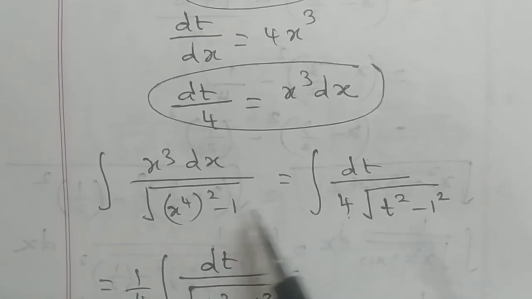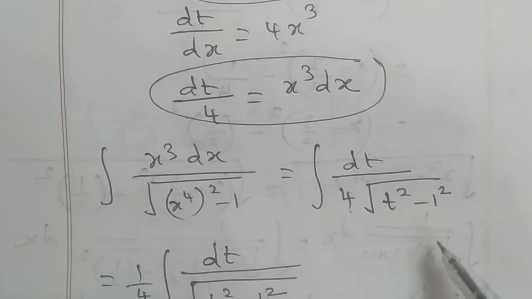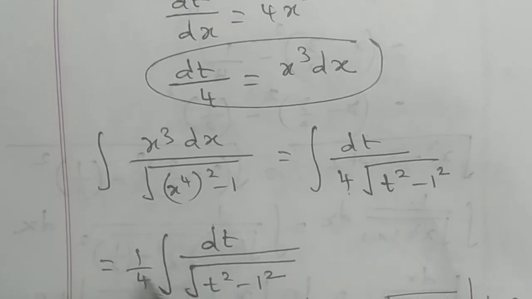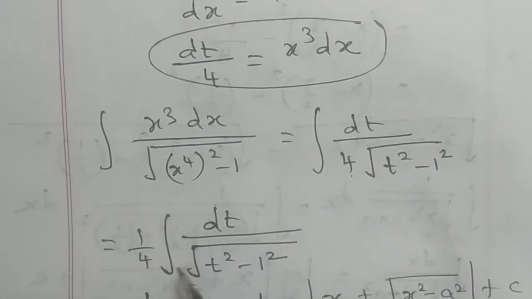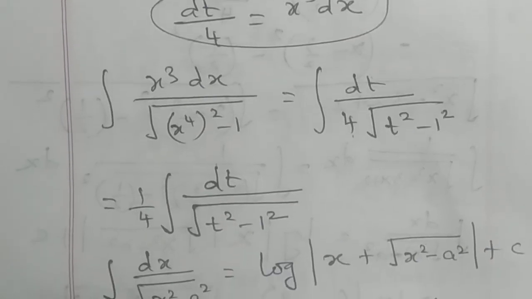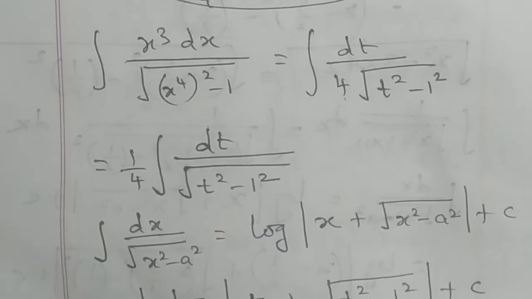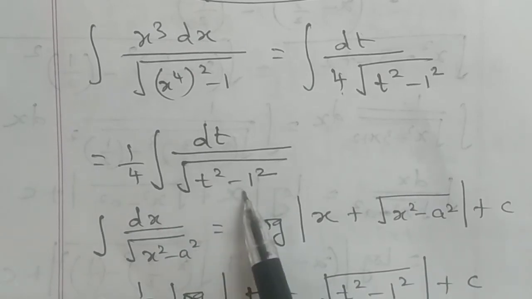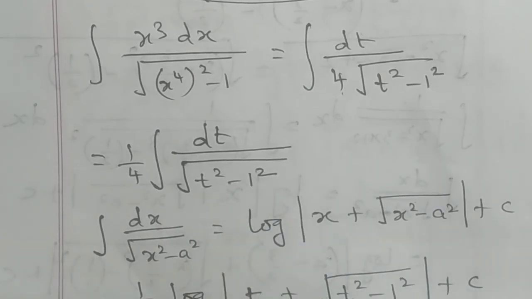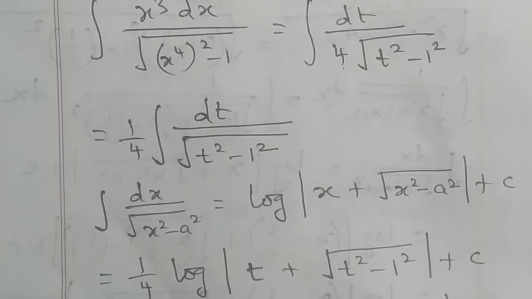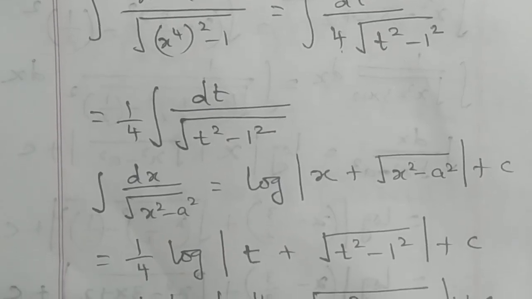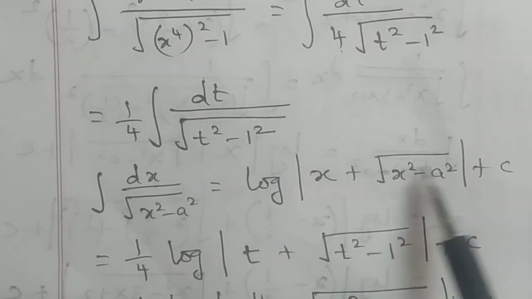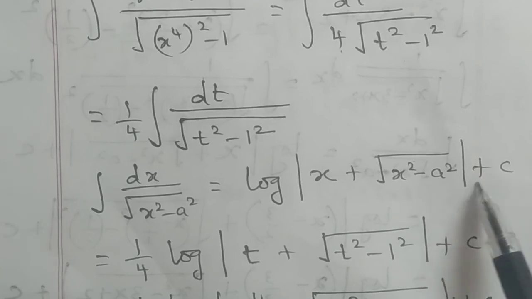So 1 can be written as 1 square. So take 1 by 4 integral of dt divided by square root of t square minus 1 square. It is in the form of integral of dx divided by square root of x square minus a square equal to log modulus of x plus square root of x square minus a square plus c.